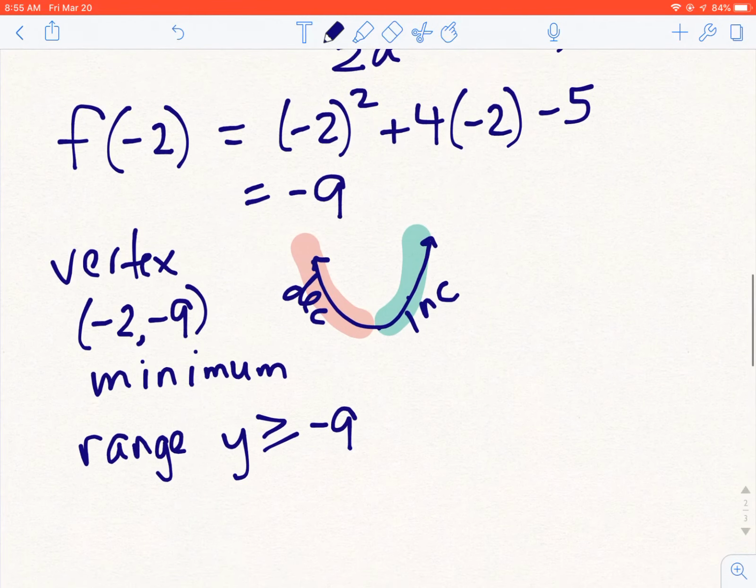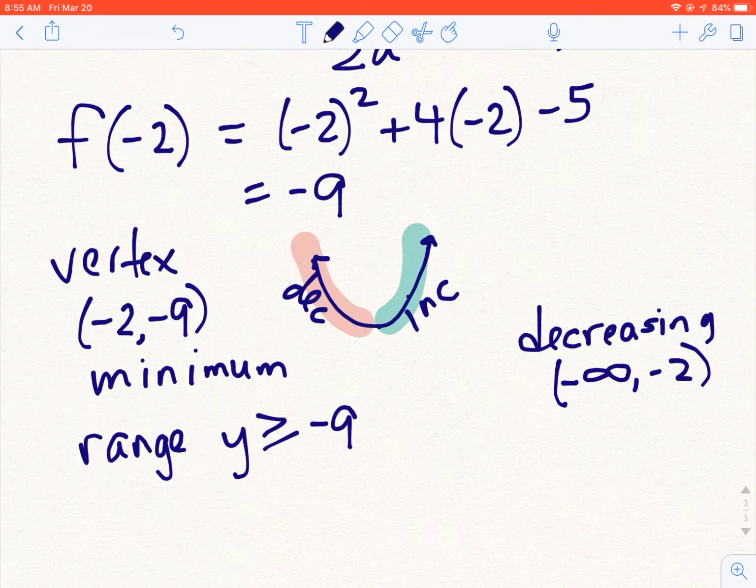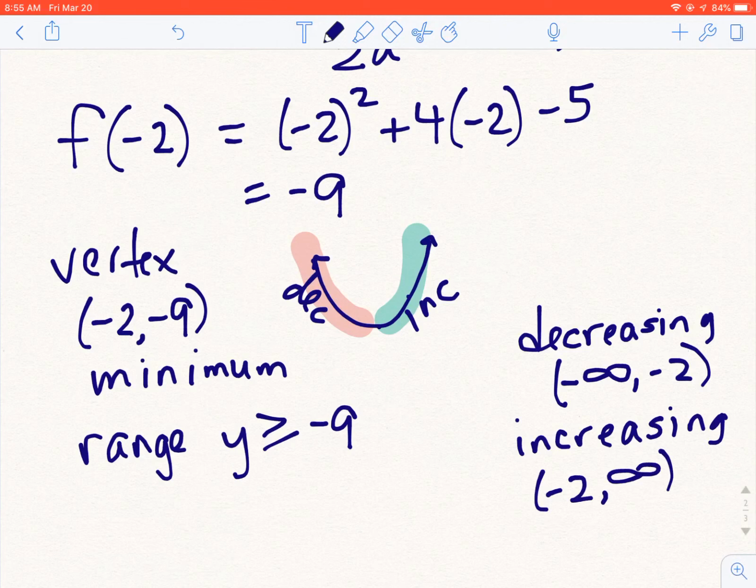Remember, those are all about the x values. So decreasing interval is from negative infinity to the x value, which was negative 2, my axis of symmetry, and my increasing is the other side of that, which is from negative 2 to infinity. And that's it.